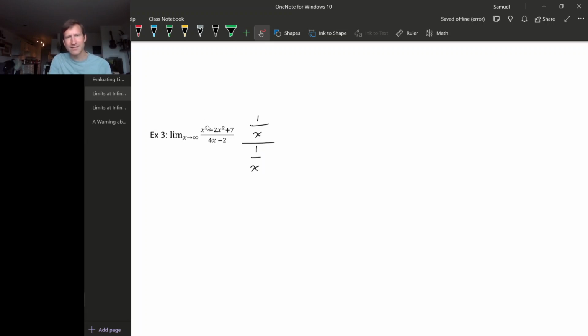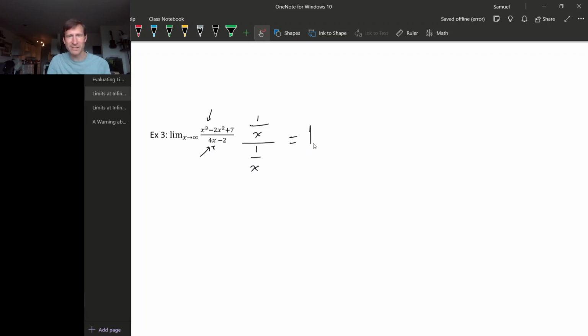It seems like we should maybe use x to the first power because the degree in the denominator is 1, or maybe we should use x cubed because the degree in the numerator is 3. It's not totally clear which one is the right approach, but let's try just using the degree of the denominator and see if it works.